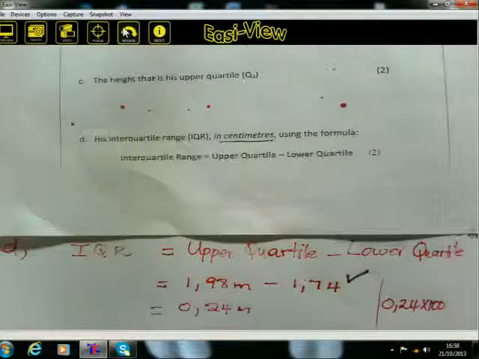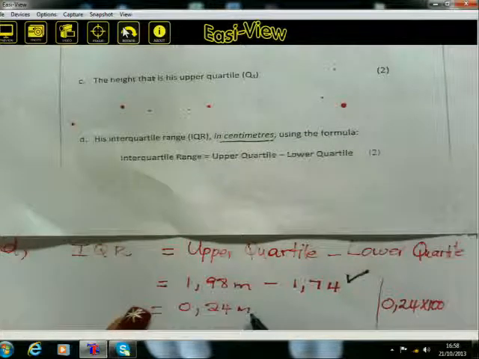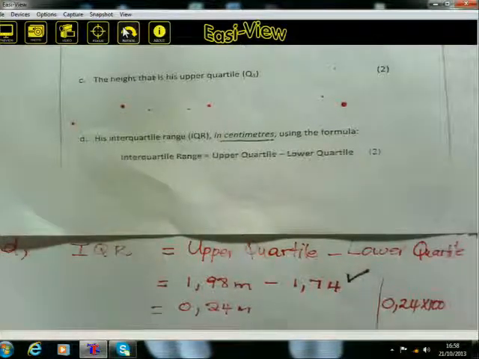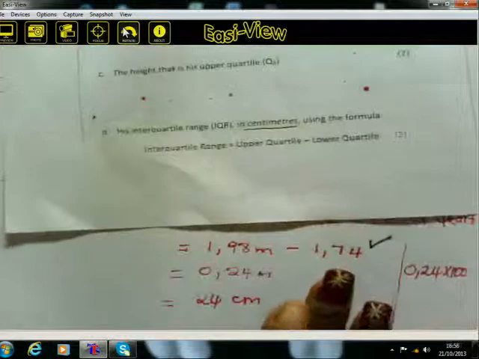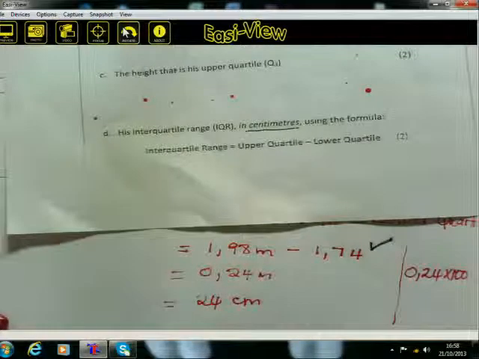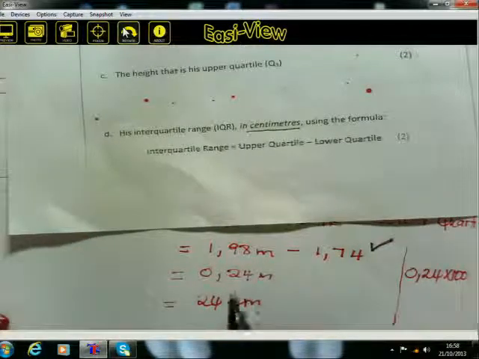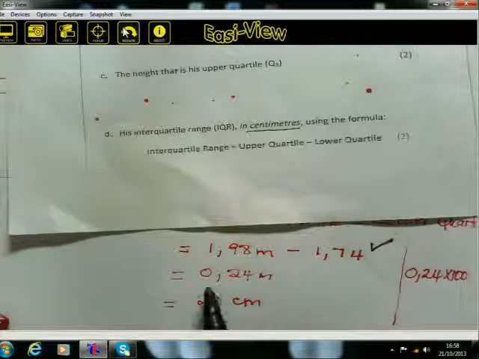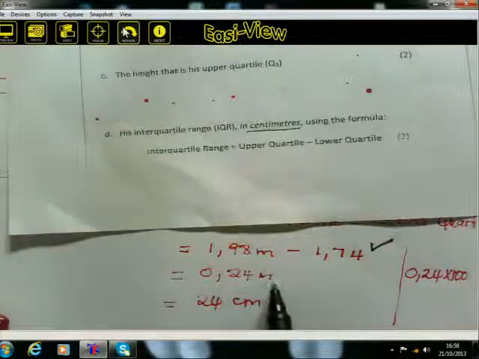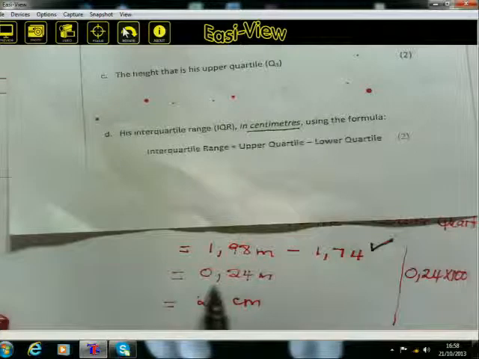Then the answer. Here they are testing you whether you know your units very well. So for moving from meter to centimeter, your answer should be in what? Should be in centimeters. So we are not going to give you marks for writing 0.24 meters, if it is right, but it's not what is needed at the end.